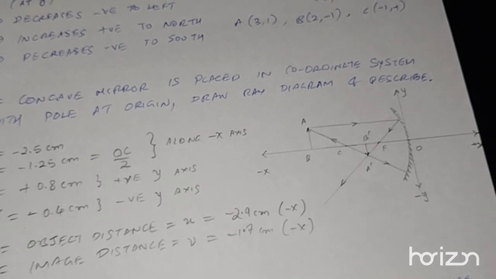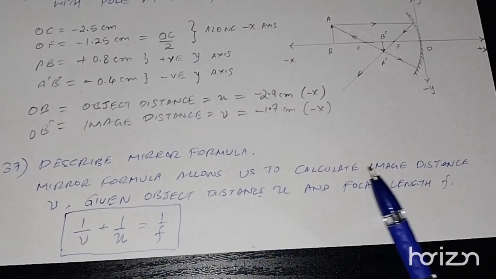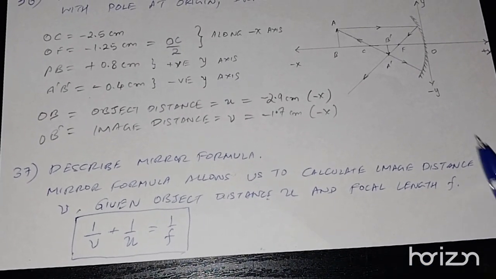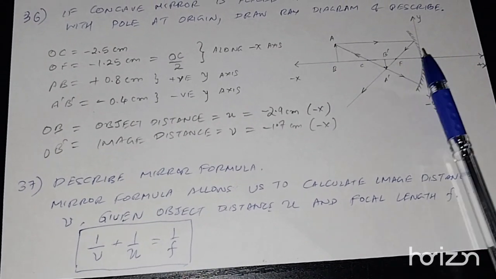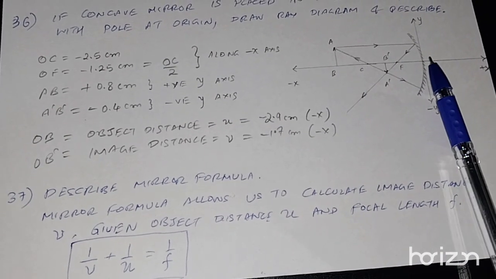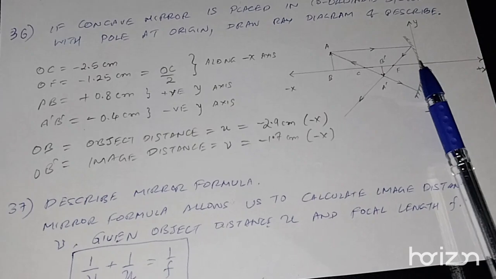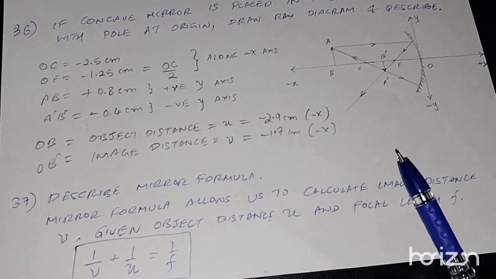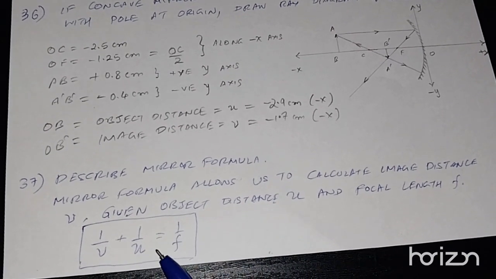Okay, next question, describe the mirror formula. The mirror formula allows us to calculate the image distance given the object distance and the focal length. In this case, OB is the object distance, OB dash is the image distance, and OF is the focal length. So there is a relationship between the image distance, object distance, and the focal length. The mirror formula gives that relationship.